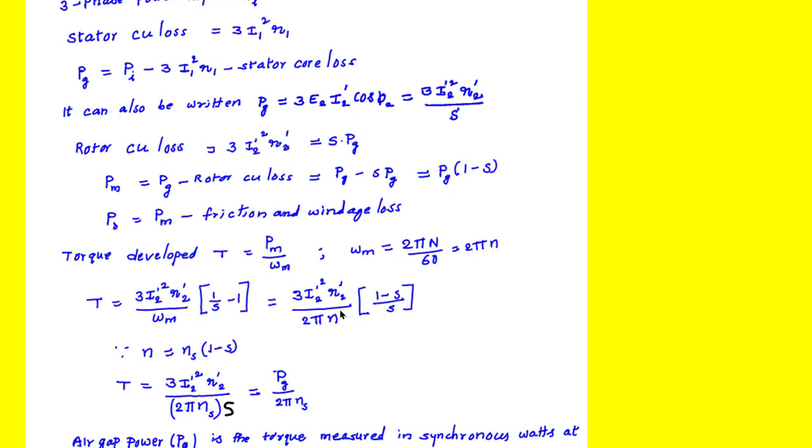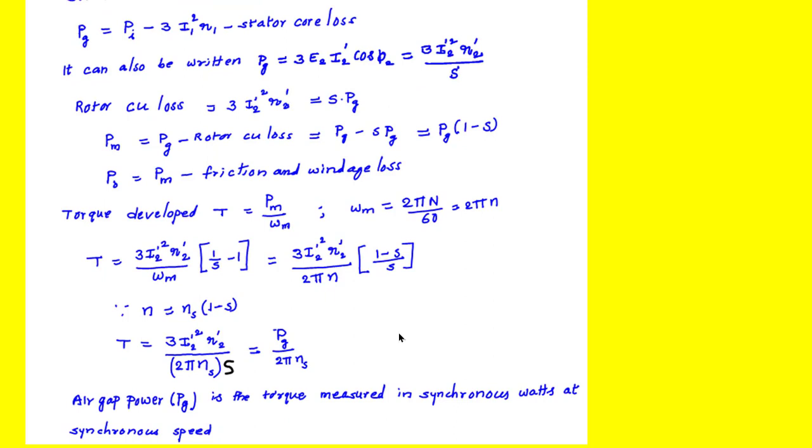We can further simplify to get 3 I2 dash square into R2 dash divided by 2 pi n, replacing omega m with 2 pi small n, into 1 minus S divided by S. And we know the rotor speed n is equal to ns into 1 minus s.